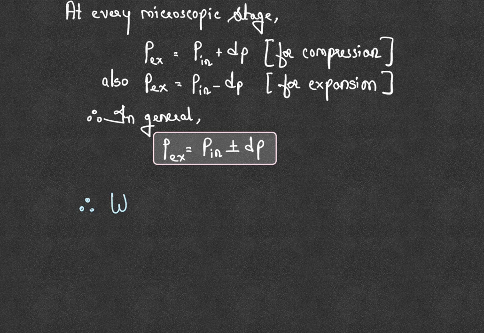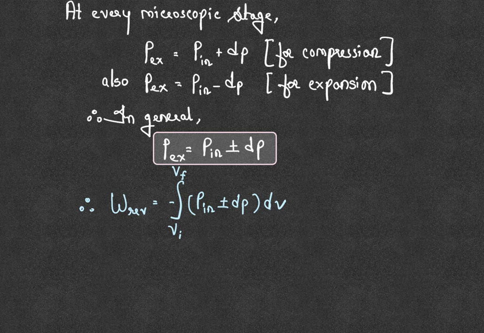Now pay attention. Therefore, the reversible work that we have to calculate is equal to the integral from VI to VF of negative P internal plus or minus dP, into dV. Instead of P external, I am putting P internal plus or minus dP. Now if you open this up, it will be the integral of P internal into dV, plus or minus the integral of dP dV.